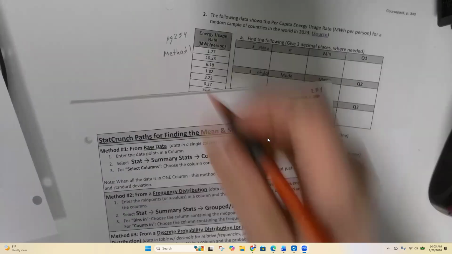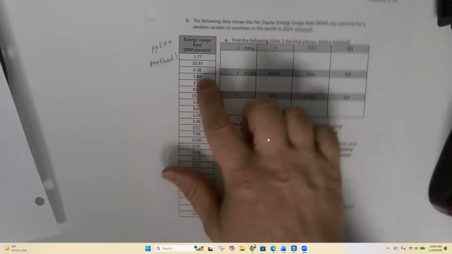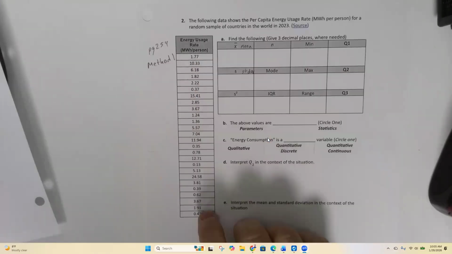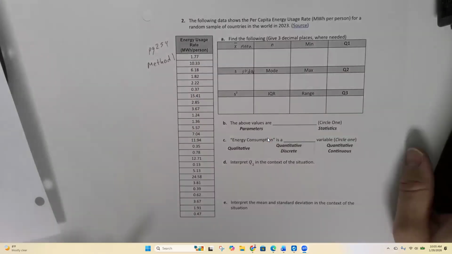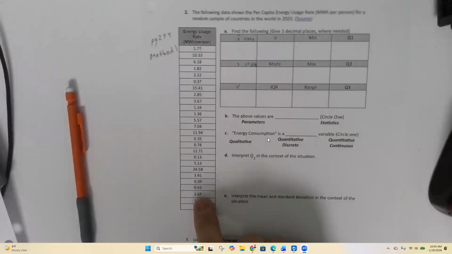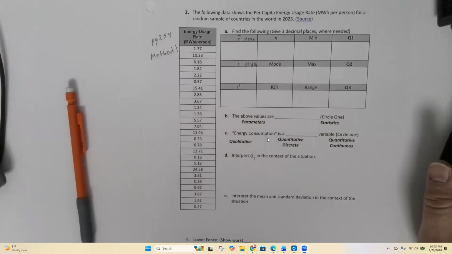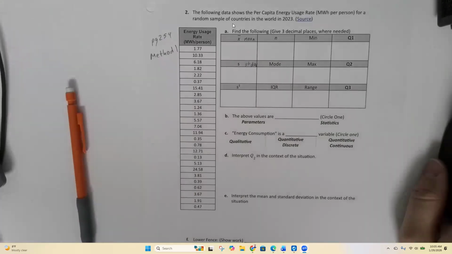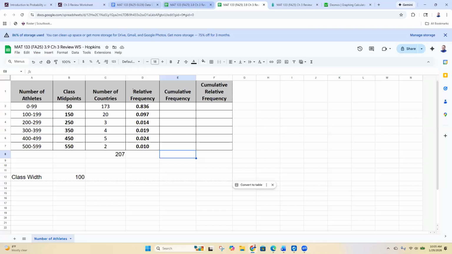Now, what we're doing in StatCrunch, do I have to enter all of these numbers into StatCrunch? I mean, there's not that many, but typing them out could take a little bit of time. Okay, so that's where this second link comes in.